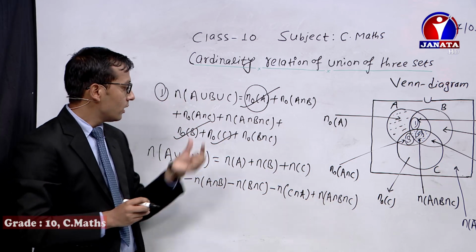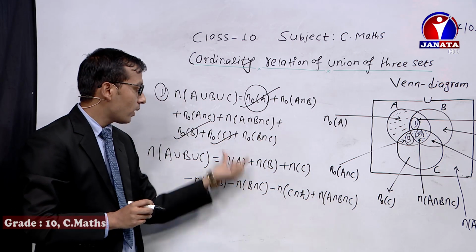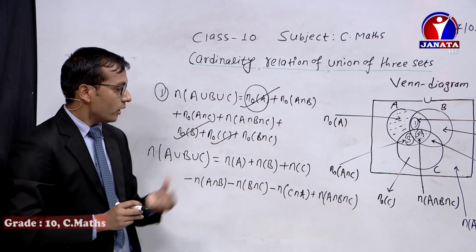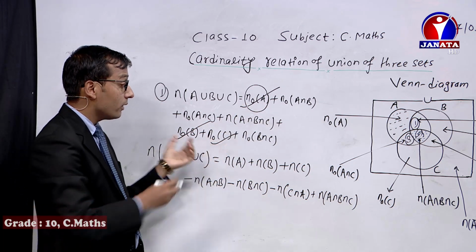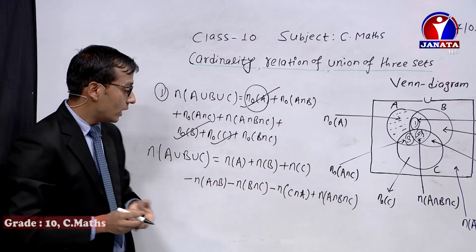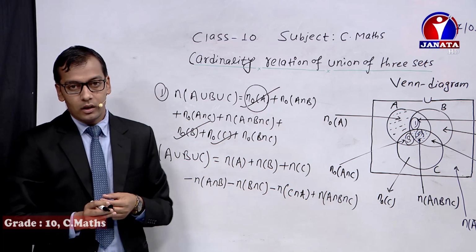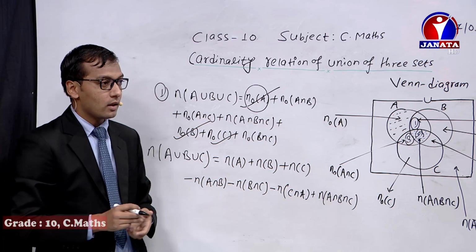If we write the formula of n only A, n only B, n only C, and if we cancel positive and negative terms, we will obtain this formula. So it can be used in the exercise.